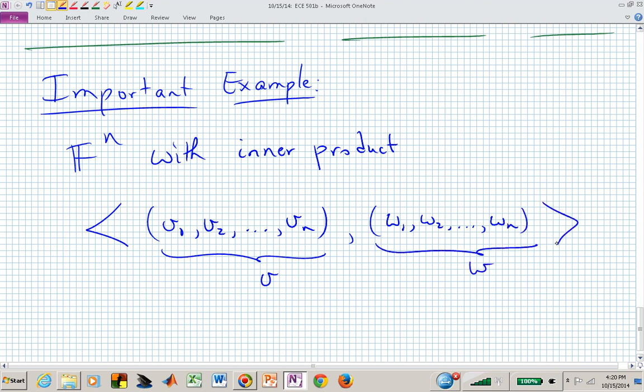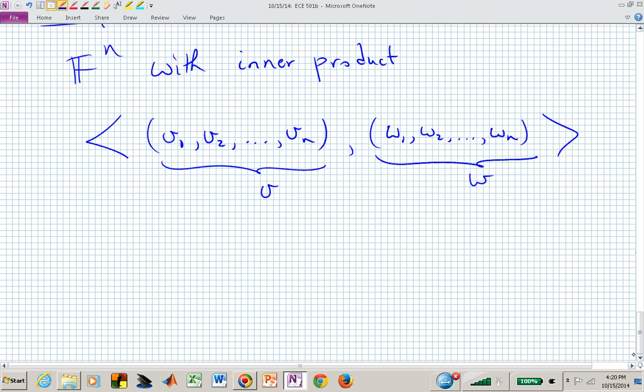Here's w. We can now define an inner product by taking each coordinate of the first vector and forming the product with the first coordinate of the second vector, complex conjugated.